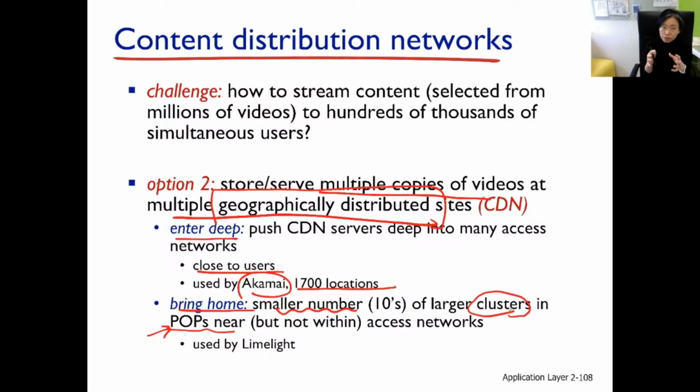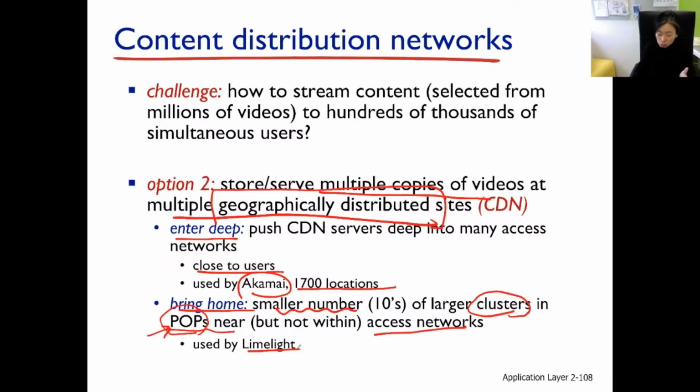So the physical infrastructure will be formed by server clusters, a few of these clusters interconnected through the POPs, the internet exchange points. They did not go deep into the access networks. Limelight, a cheaper CDN service, offers bring home CDNs.